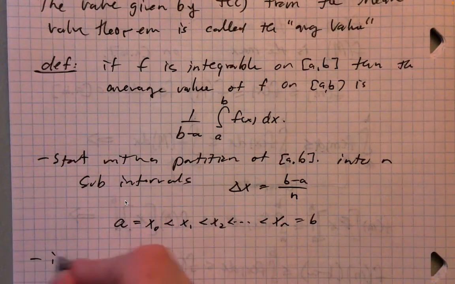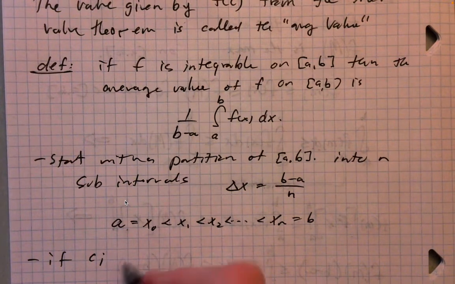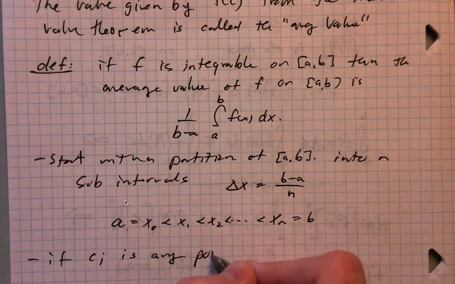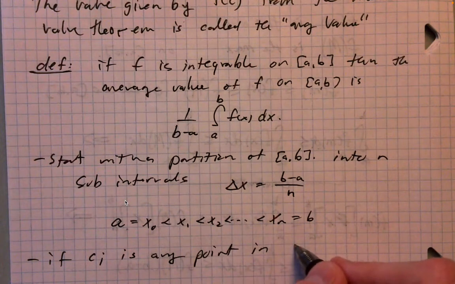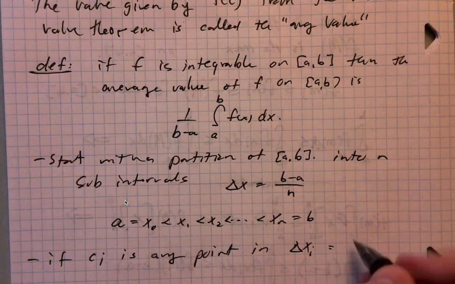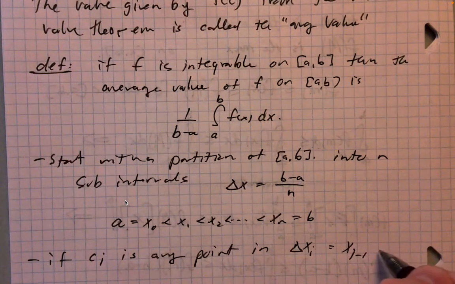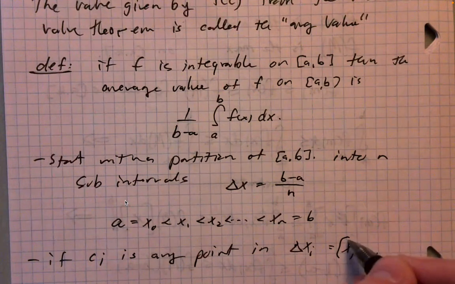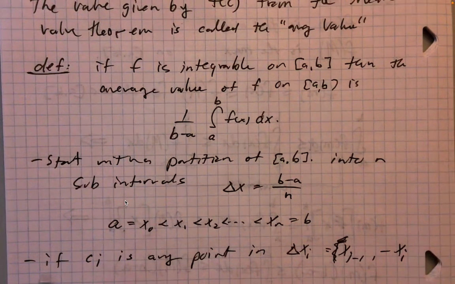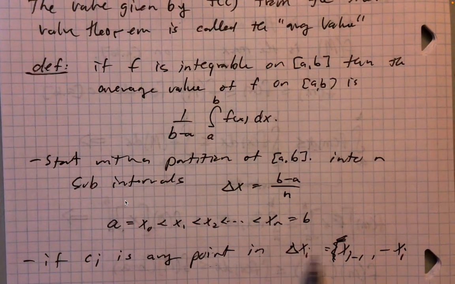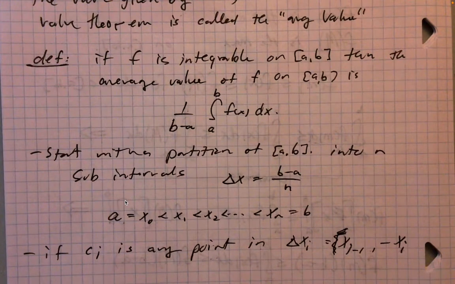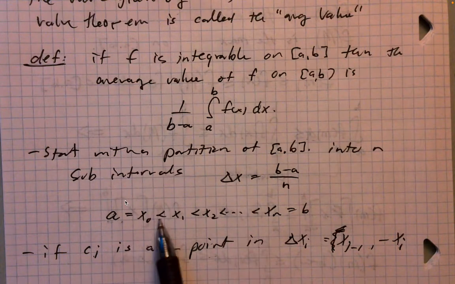Okay, so then if ci is any point in the ith interval, let's say delta xi, which is the difference x of i minus 1 up to x of i, defined by this piece here, then the arithmetic mean of the function values at the ci's would be given by the following. So imagine a ci in each one of these intervals. So one here, here, all the way up.